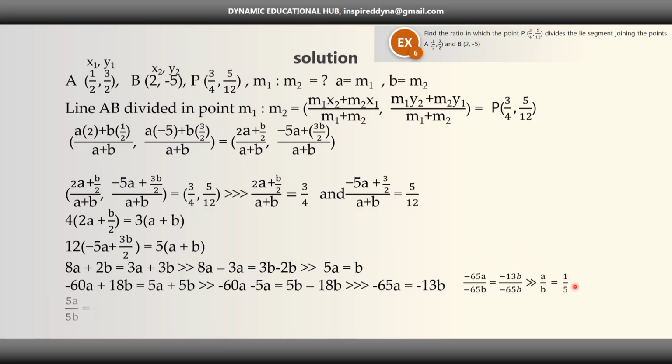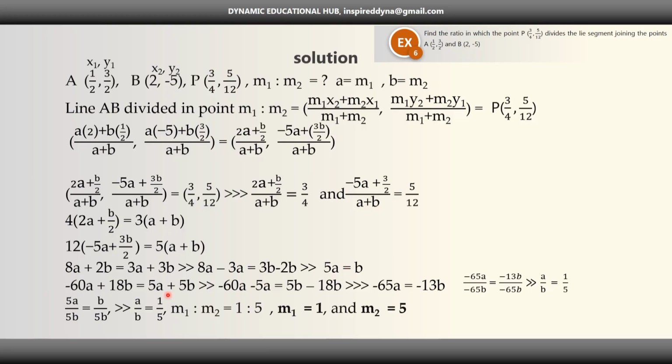Now let's say you want to use this expression as well. You just go ahead and divide both sides by 5B. So 5A divided by 5B, B divided by 5B. The goal is you want to rearrange this expression in a way that you are going to have A over B at one side, and you have constants at the other side.